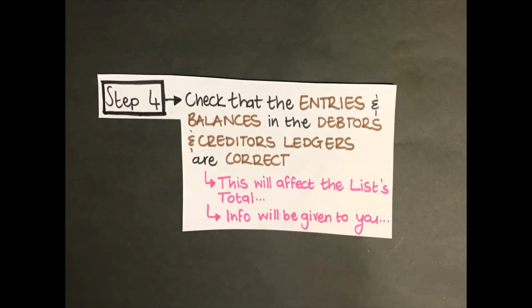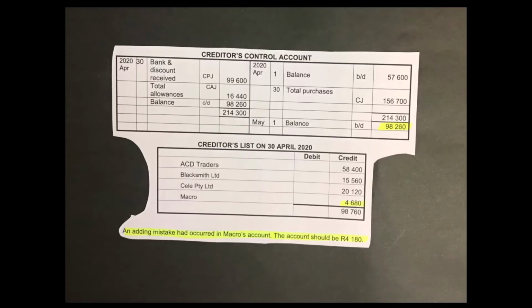Last step is that you have to check that all the entries and balances in the debtors and creditors ledgers are correct, because this will affect the list's total. Once again, information will be given to you. The example in the handout looks like this, and if you look at the bottom, it says an adding mistake had occurred in Macro's account.